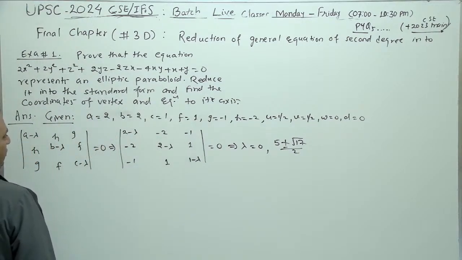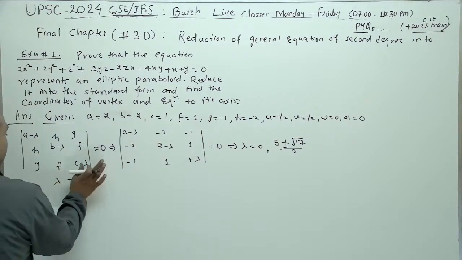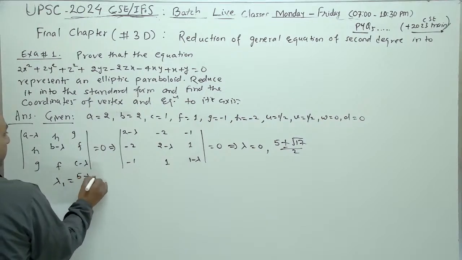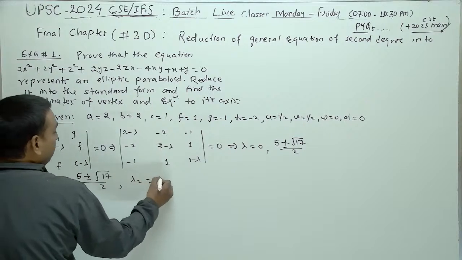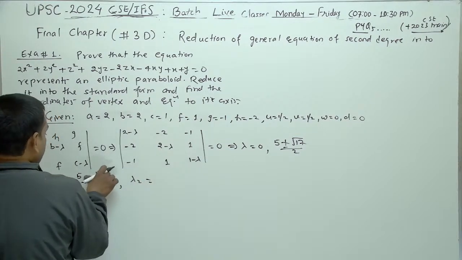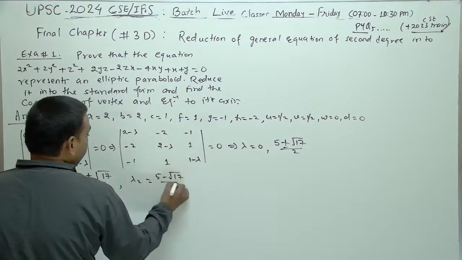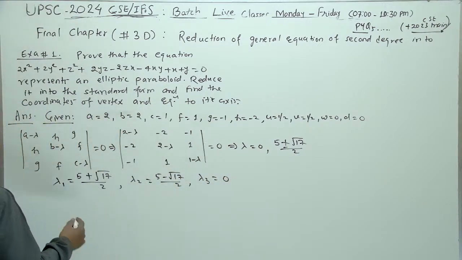No issue, the students are mature enough. So let me take lambda 1 as 5 plus under root 17 by 2, lambda 2 as 5 minus under root 17 by 2, and let's say lambda 3 is 0. Okay?